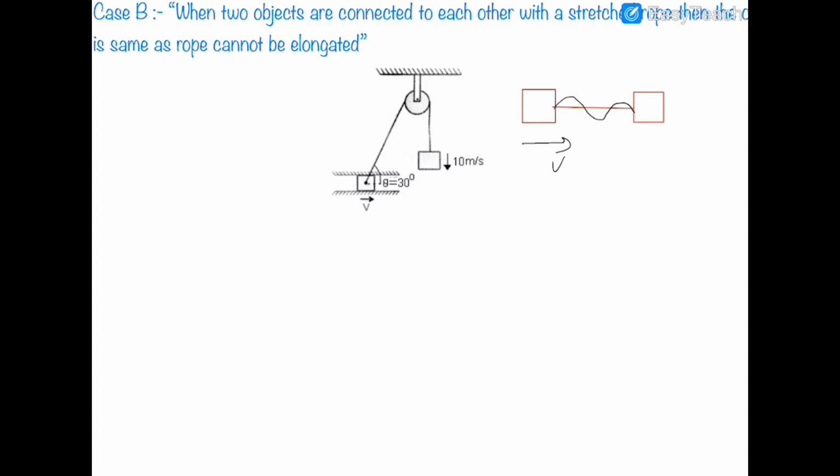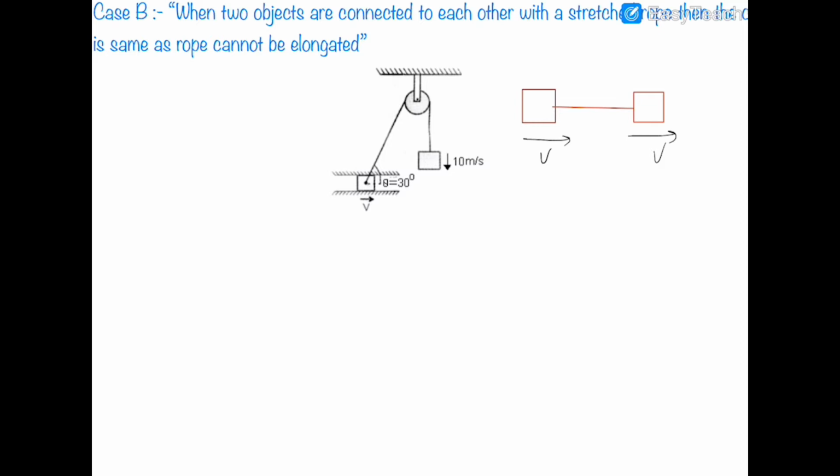In a slack rope, any point can move independently, and the velocities of different points can be different. But if the right block is pulled with some constant velocity v, then both blocks will move together with that same velocity, and the rope will be taut and have some tension.